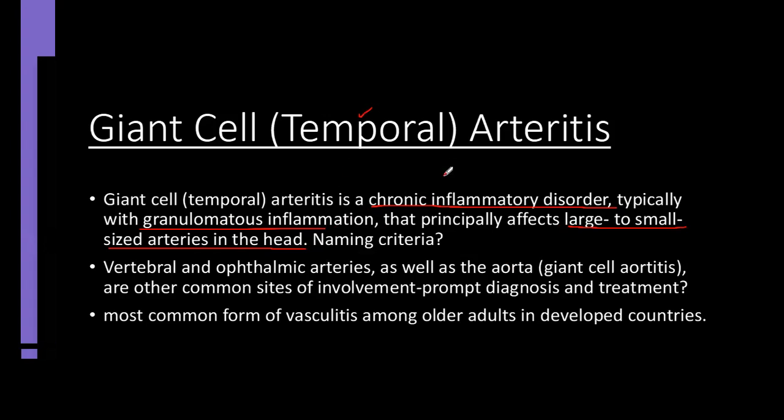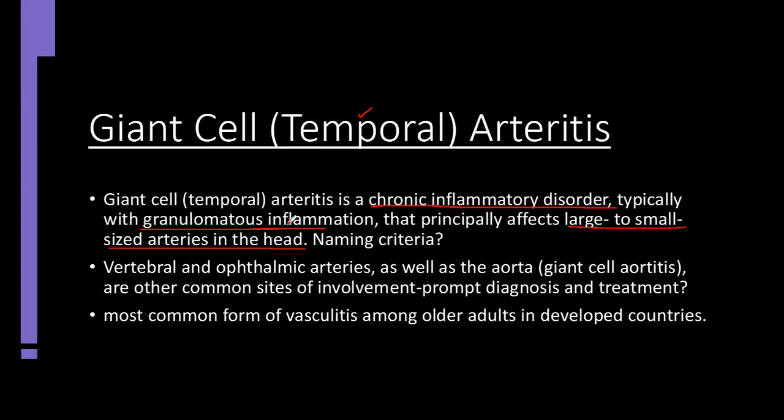It is not named so because the superficial temporal artery is more vulnerable to being inflamed. Rather, it is named so because when you want to carry out a diagnosis of this disease, you will obtain the biopsy from the superficial temporal artery. So that is why it is also named temporal arteritis.